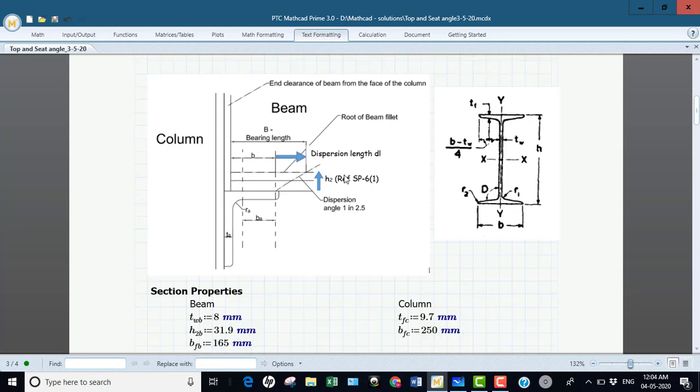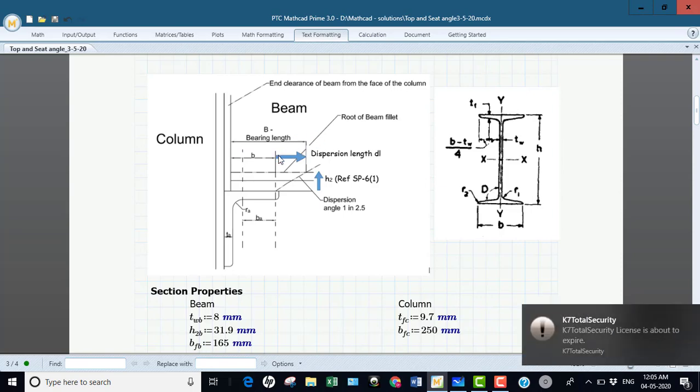See here, H2, that is the critical location from the top of the seat angle or bottom of the beam flange. That is referred from SP6 Part 1. If I know the H2, I can calculate the dispersion length. By knowing this total length, I can calculate my B, because I know the bearing length.